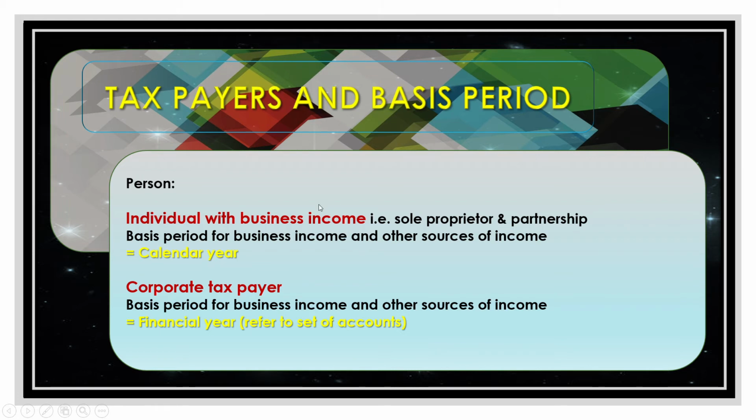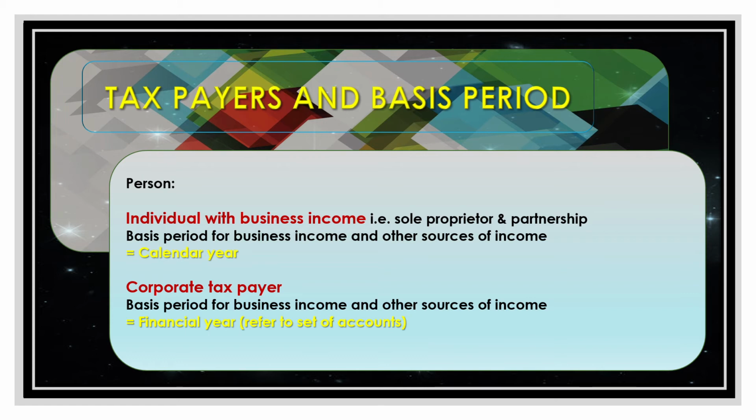So normally, when talking about business structure, you should recall that we have three categories of business structure: the first one is the sole proprietor, the second one is partnership, and the third one is company. If you recall the definition of each category, sole proprietor and partnership have unlimited liability. What is the implication?